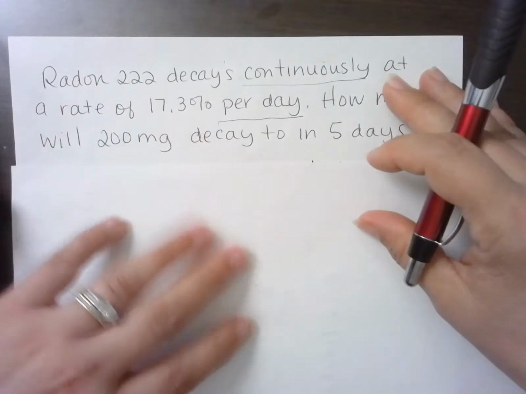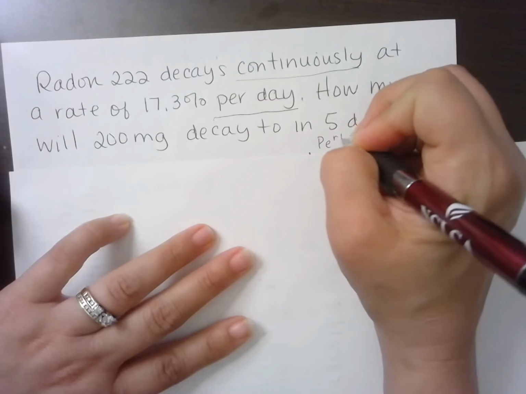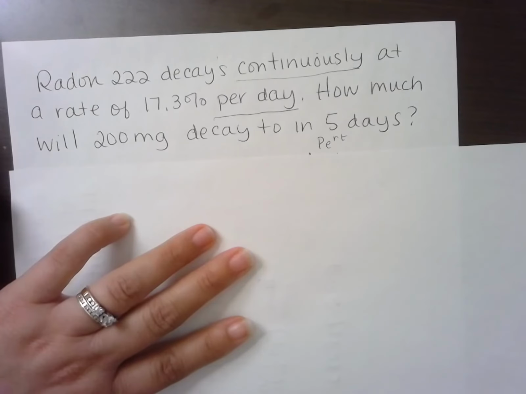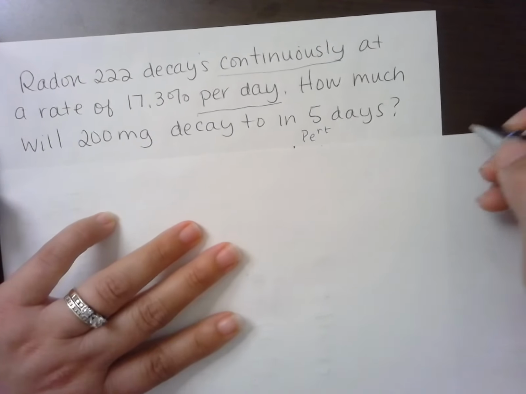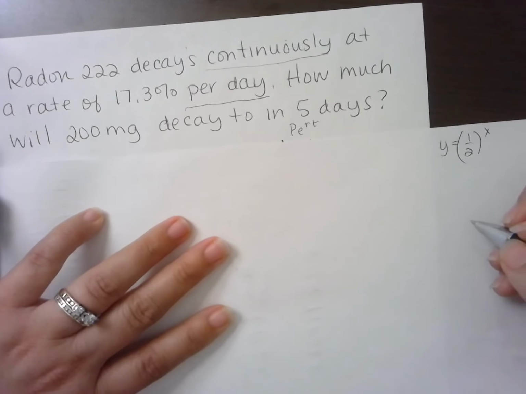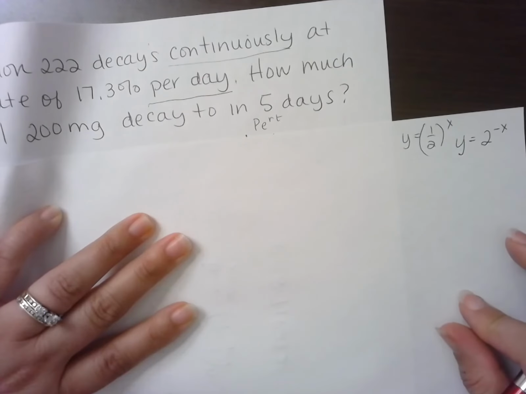Okay, so again we're going to use our PERT formula, because it does say that it's decaying continuously. Now remember when we were doing exponential decays before, we had y equals (1/2) to the x, and that was an exponential decay. But most of the time when we see exponential decays, they're written like this, with the negative exponent here.